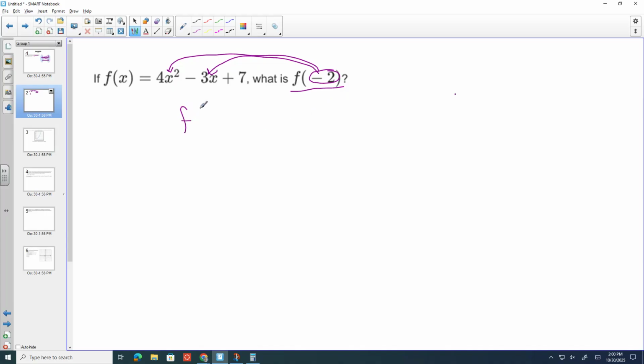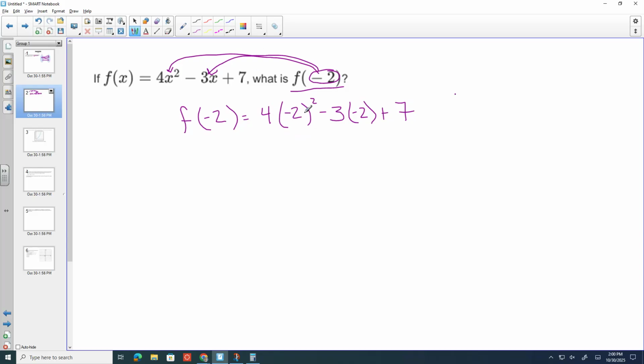So this function, when evaluated for an input of negative 2, would equal 4 times negative 2 squared minus 3 times negative 2 plus 7. Now, where you do want to be careful next is your order of operations absolutely matters.